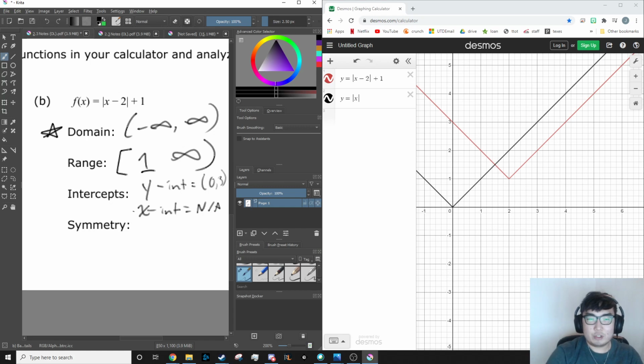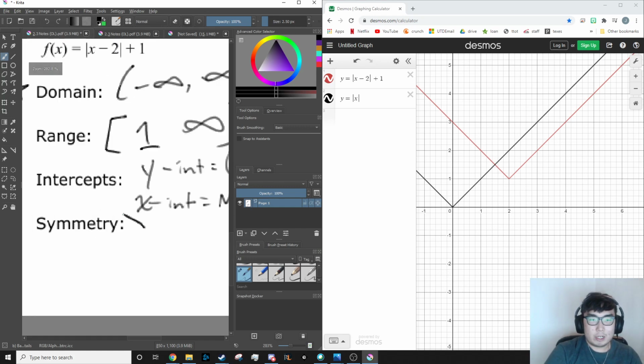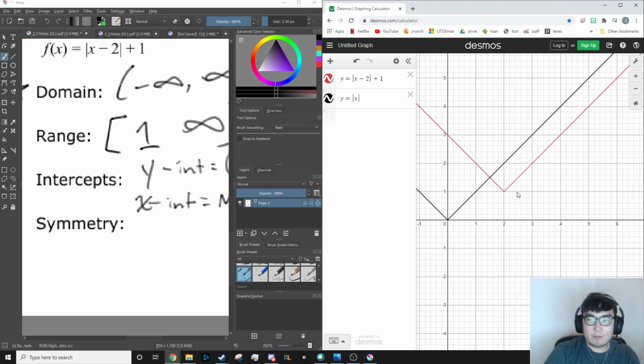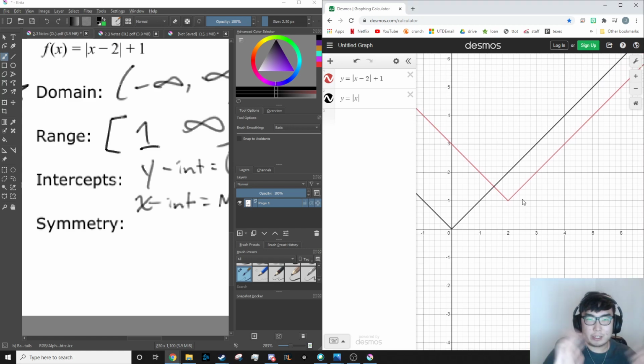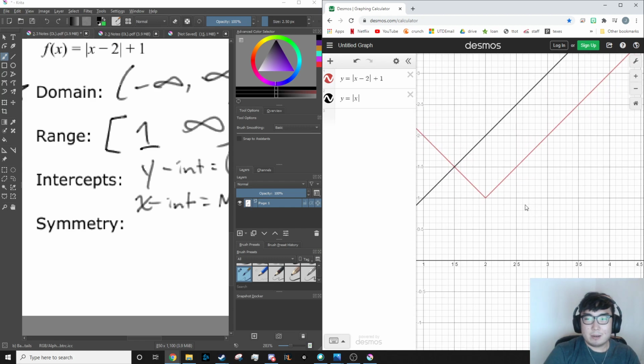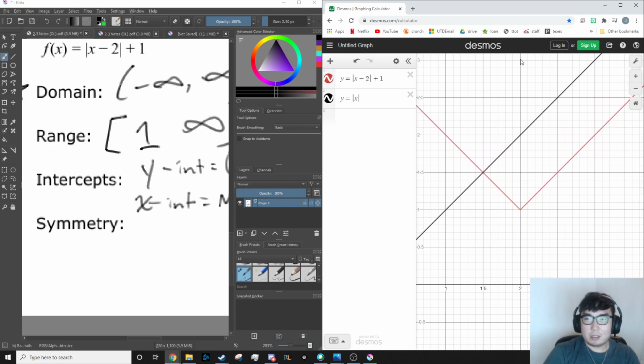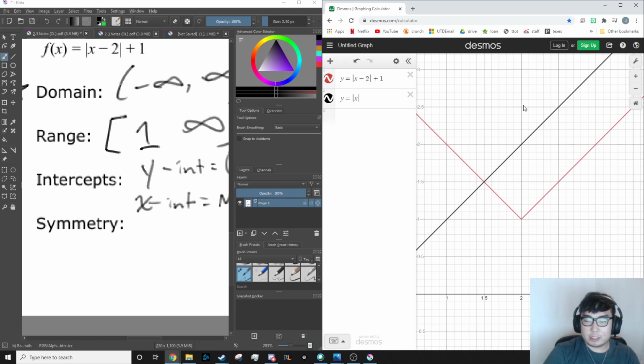And for the line of symmetry, we think about where it can fold, and how we would write the crease, or how we would write an equation to show that the crease is here. The crease, if I folded this, would be on the vertex, which is the point where it switches from going negative to going positive. That point right here is 2, 1.